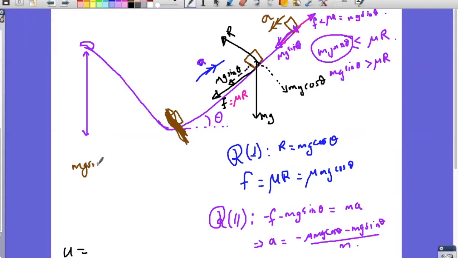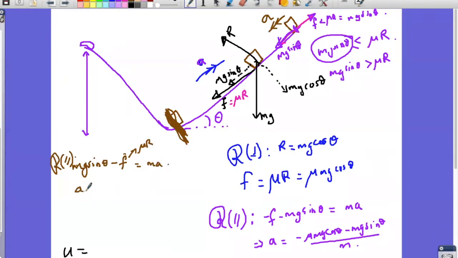In this case, you solve this first one, and then for the second one, you resolve parallel to the slope. So you have mg sin theta minus F, the frictional force, which in this case, if the object is sliding down, F will be equal to mu R, right? So this will be equal to ma.